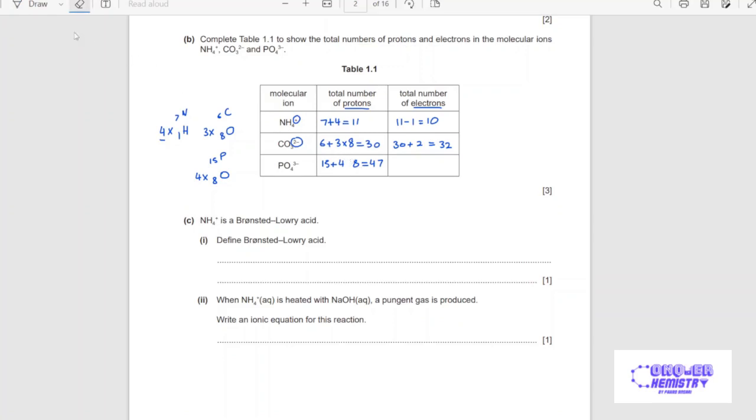All right. So 15 plus 4 times 8 gives me 47. Yep. Next, we have 3 negative charge. So that will be 3 more electrons than the protons. So 47 plus 3 gives me 50. All right. So that's how you have to solve this question.